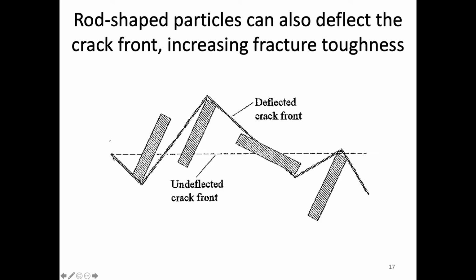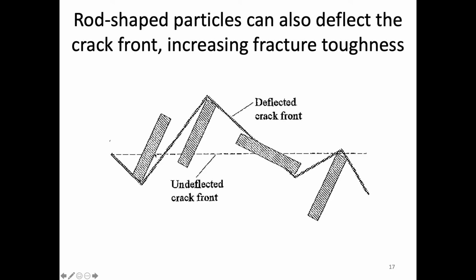So we're saying it starts over here, and then it wants to move along whatever crystallographic plane or grain boundary towards the right. Well, once it gets to this first rod-shaped particle, because of the anisotropy, the aspect ratio here, it either has to go through.